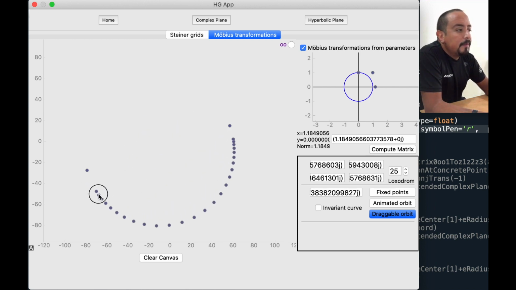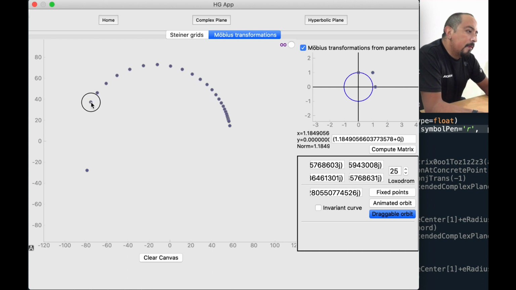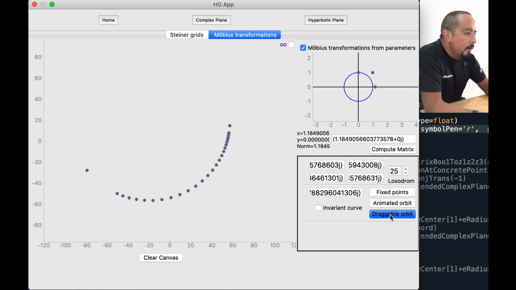Being stable under the action means that it's a union of orbits. Okay, and so let's see. If I click again, then it stays printed. Click again, it stays printed. And then let me do this a few times.